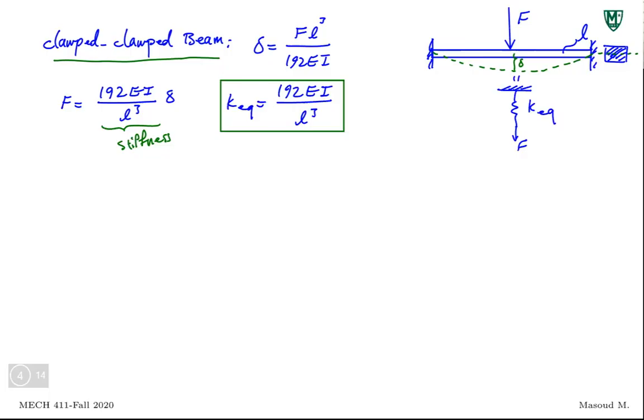Let's take a look at an example before I talk about the last case, which is torsional vibration, and see how this whole thing works. I talked about longitudinal deformation and transverse deformation. Now let's take a look at the example.